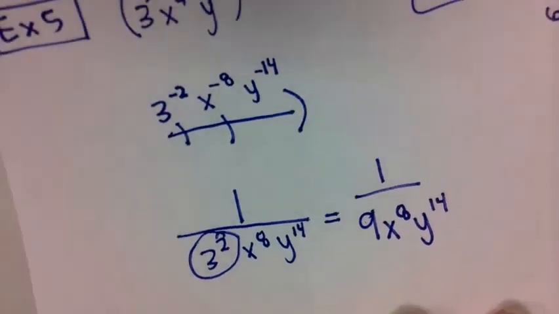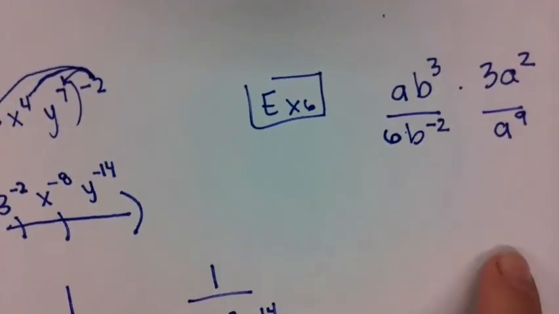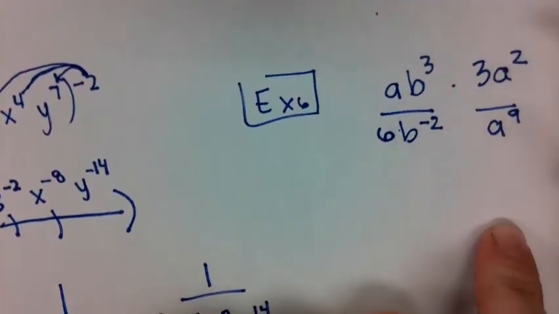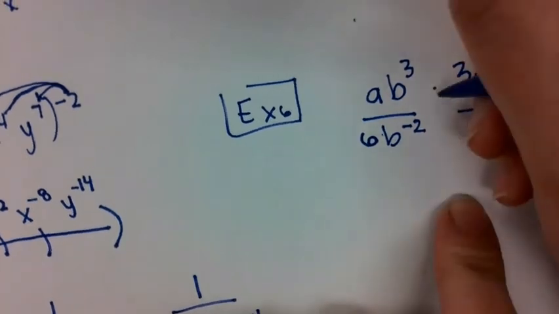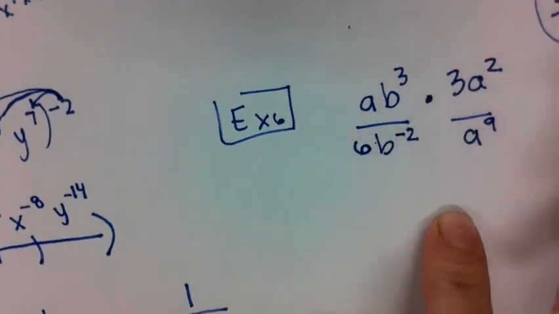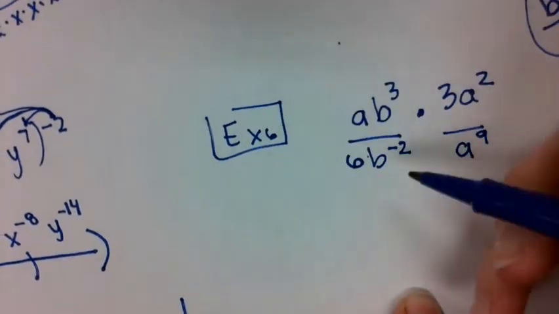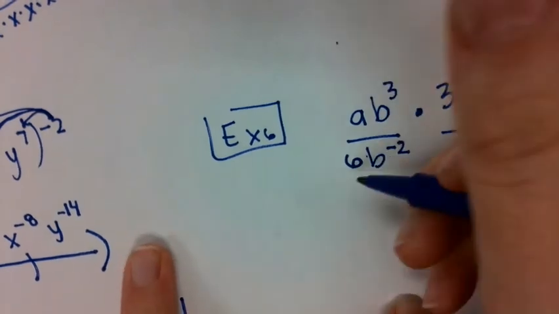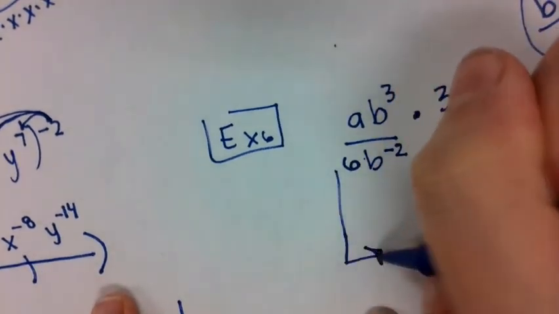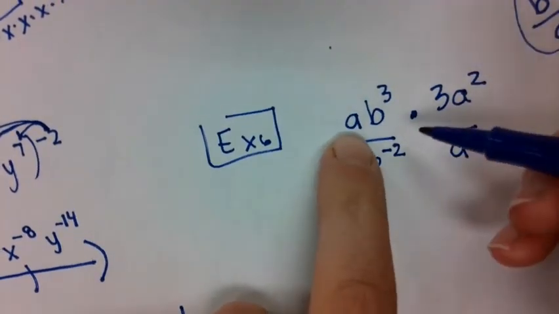All right, let's look at our last example. Similar to some of the others, I am multiplying these two fractions together. So my first step is always going to be to make one expression before I start moving things. So when I multiply, I'm going to put things in order.